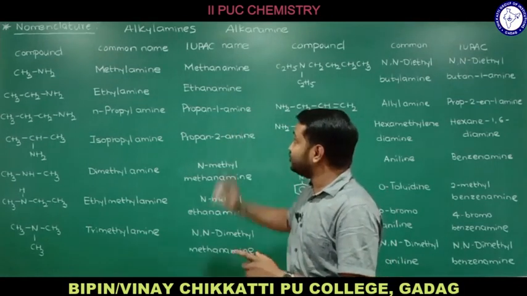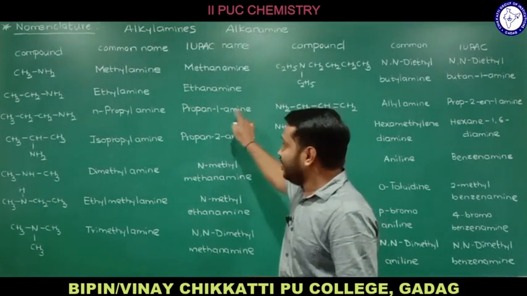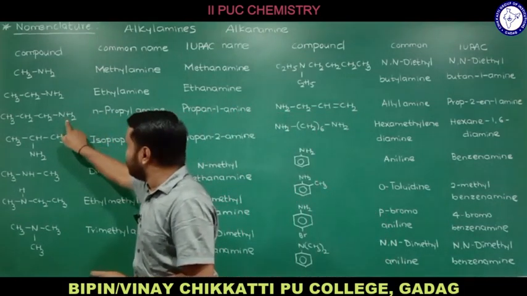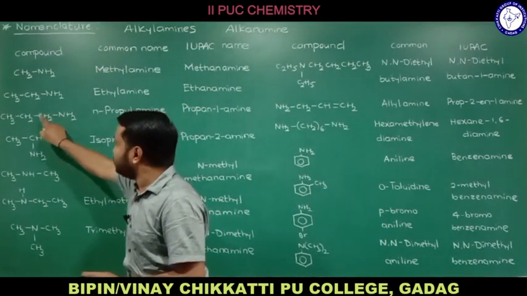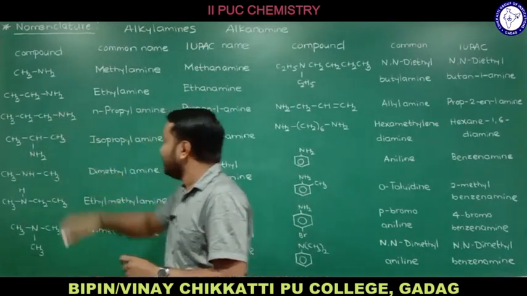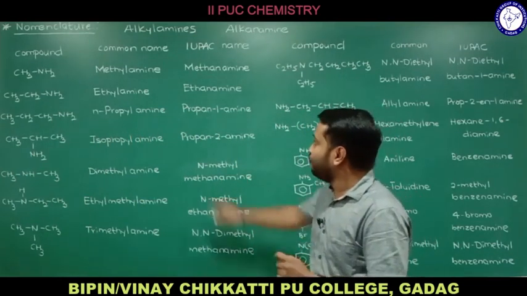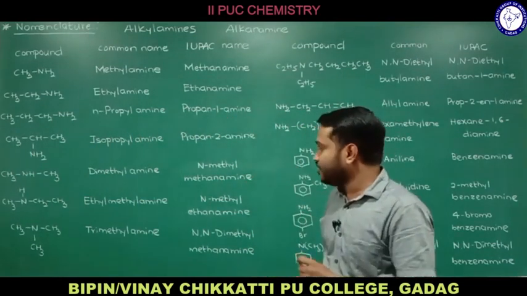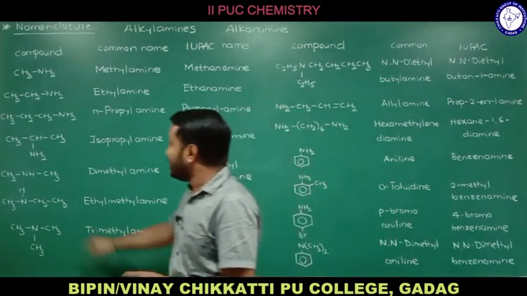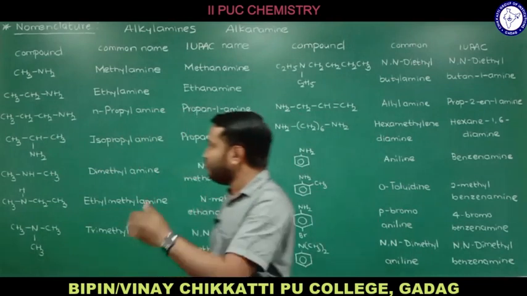Whereas in case of IUPAC, propane-1-amine, and here the amine group is attached to the first carbon, and the numbering should start from the right side, since we have the functional group NH2 at the right-hand corner. Therefore propane-1-amine. In the next example, again I considered 3 carbons where we have NH2 in the form of a branch.